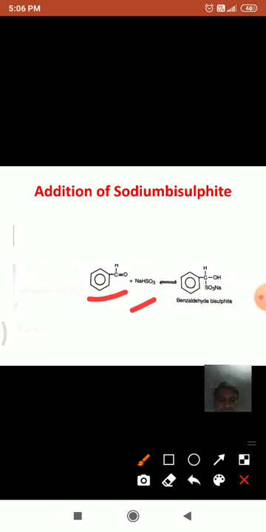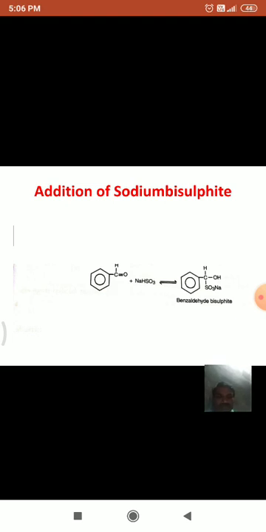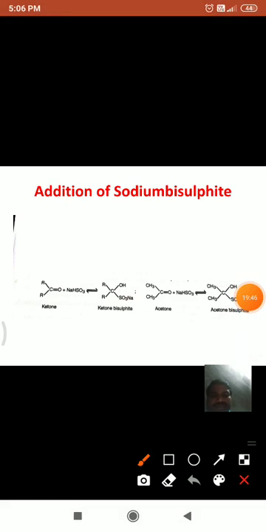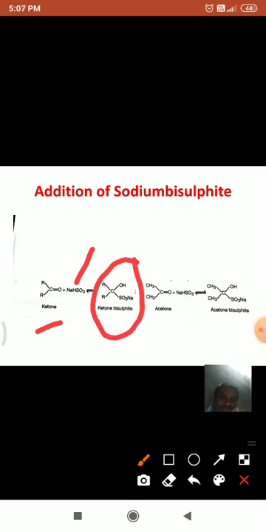And then let us see ketones. Ketones react with sodium bisulfite and form the ketone bisulfite product.